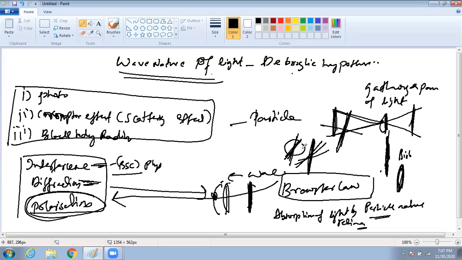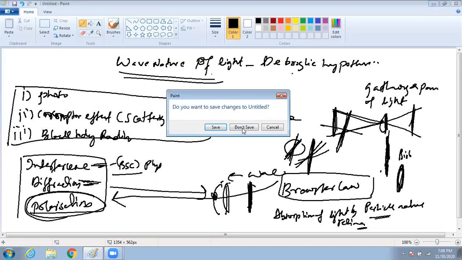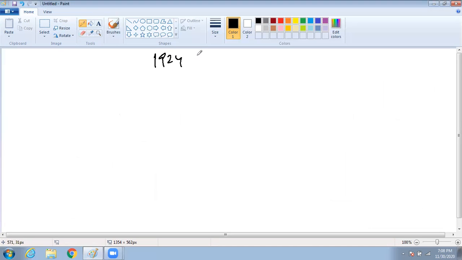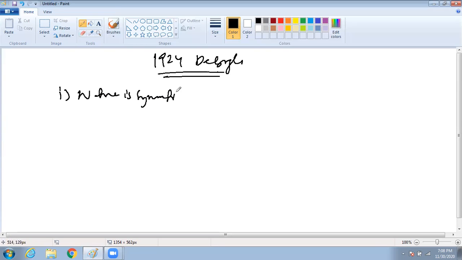So in 1924, de Broglie was a scientist who put forward a hypothesis. What did he say? He said nature is symmetrical. Why symmetrical? You see, you have a tree.